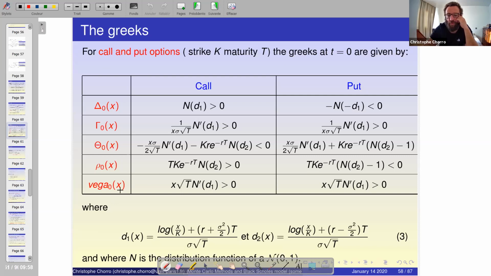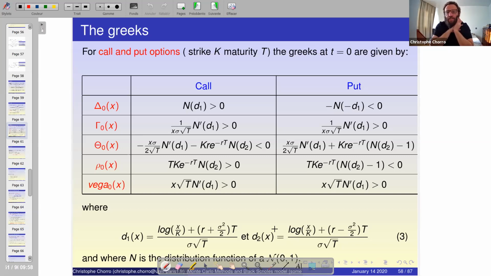In this table I have just written the expression of the Greeks at time t equal to 0 for classical call and put options. If you want the expressions of the Greeks at time small t and not at time t equal to 0, you just have to replace in the expressions here capital T by capital T minus small t. So it's exactly the same.